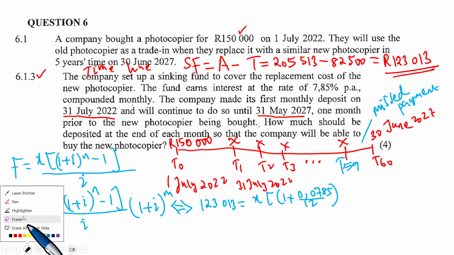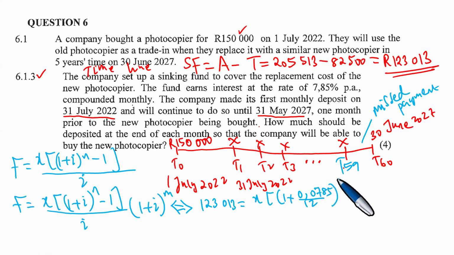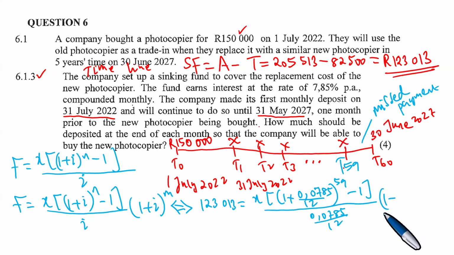Right, so 59 minus 1, divided by 0,0785 divided by 12. 1 plus 0,0785 divided by 12, all to the power.